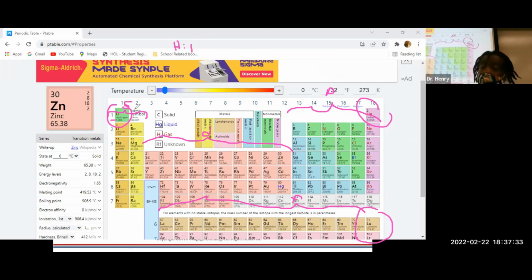The subshell is an S. And how many electrons do we have there? You guys told me 1. So that would be the electron configuration, 1s1. The first number tells us the principal quantum number, the letter tells us the subshell, and the superscript tells us how many electrons there are.